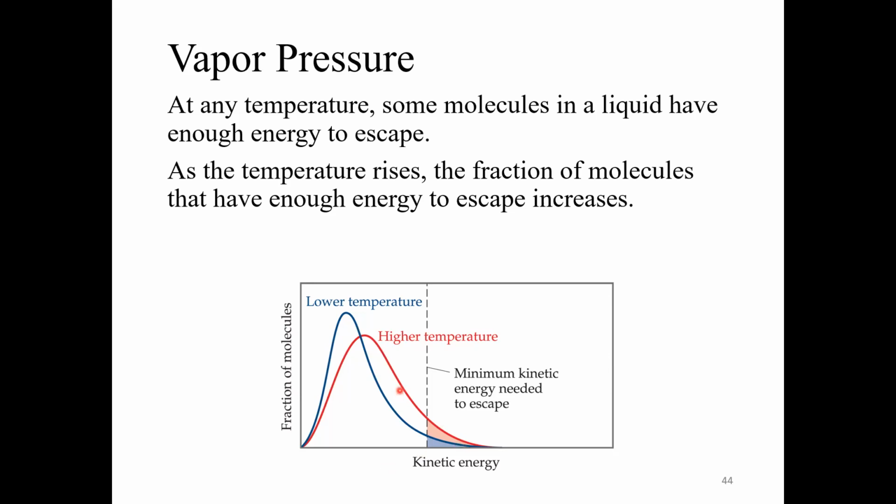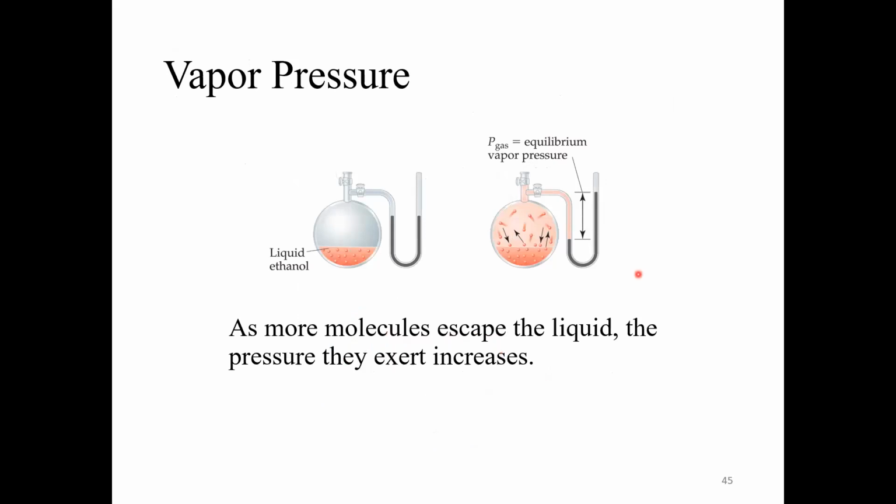And with the higher temperature, because temperature is just a measure of average kinetic energy, now we're going to have more of those molecules with a higher energy, so more of them are going to be able to overcome that intermolecular force. More of them are then going to exist in the gas phase, and if we've got more of that substance in the gas phase, we'll just have more of it bouncing around off the container walls. So it'll just be exerting a greater force. We'll have a higher pressure, and that's why we're going to see the vapor pressure is going to increase with temperature. It's just going to have more of that substance in the gas phase, so I'll have more of a pressure there.